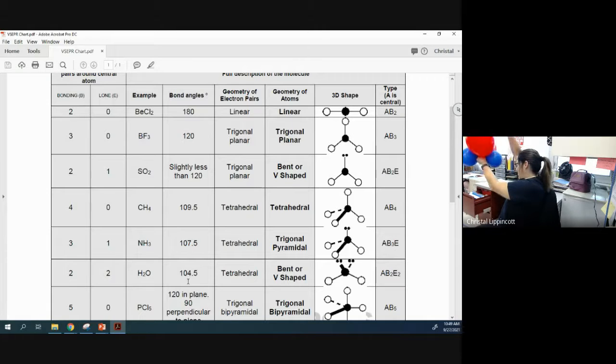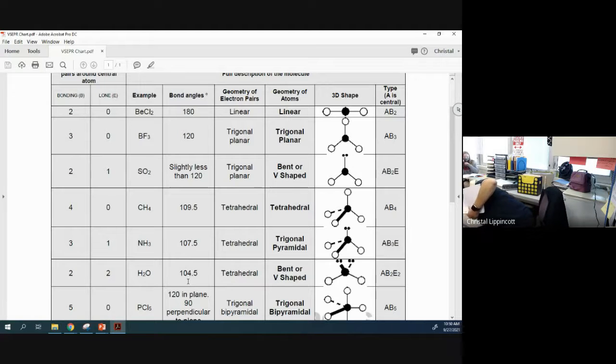It's 2 lone pairs of electrons and 2 atoms. That's like water. Okay, so when we draw these, let's look at our charts and figure out when we draw these.